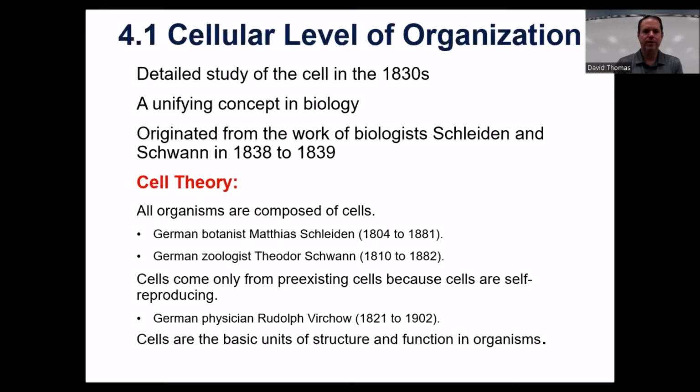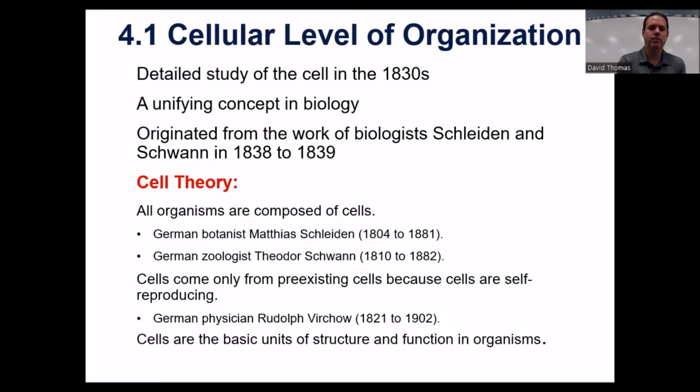I'll give you a couple of examples of some scientists that were pioneers in this area, and their work led to what's been called the cell theory. There are three main parts to the cell theory. Two of the biologists working in this area, Schleiden and Schwann, in the mid-1830s, came up with the same conclusion, that all organisms are composed of cells, but they were working in different organisms.